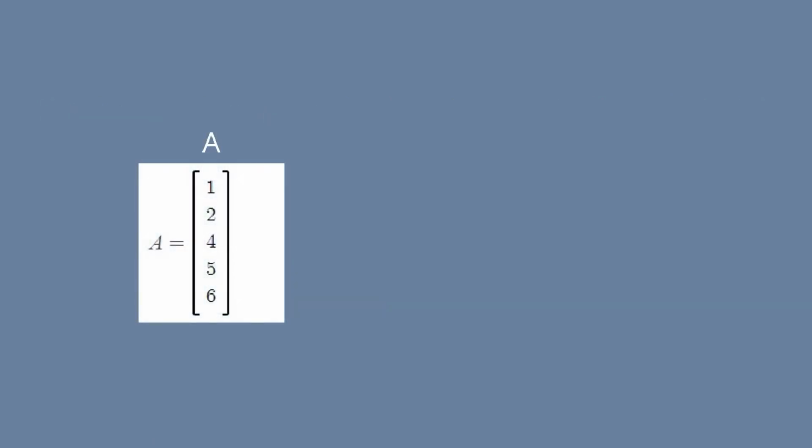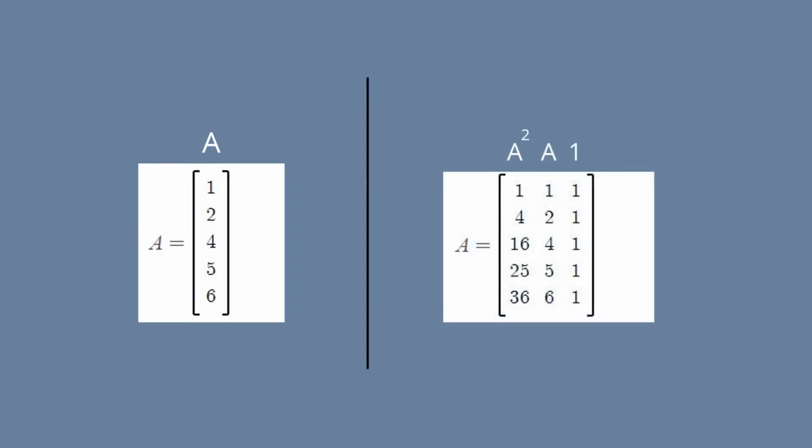Based on the power of estimation, we have to rearrange the variable matrix A. As we have decided the power of estimation to be quadratic, we have to arrange the variable matrix A into a 5x3 matrix by making the values as 1, A and A square.